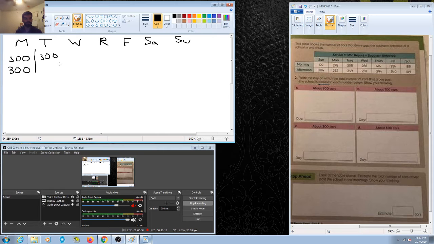And then 349 would also round down to 300. Wednesday would round up to 300 because 288 would round up to 300. And then 291 would also round up to 300. You might start to see a theme here.